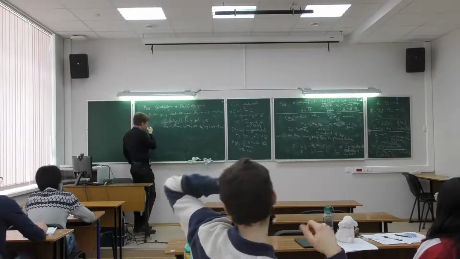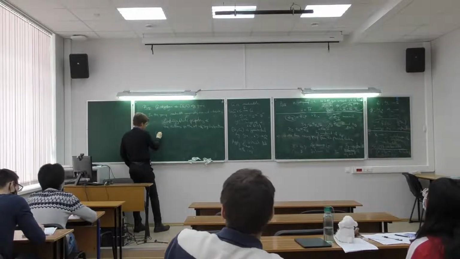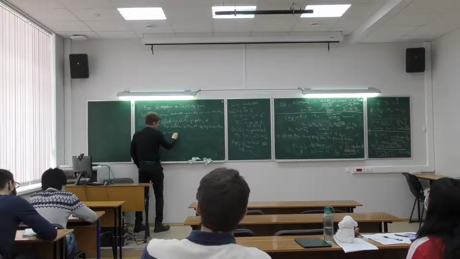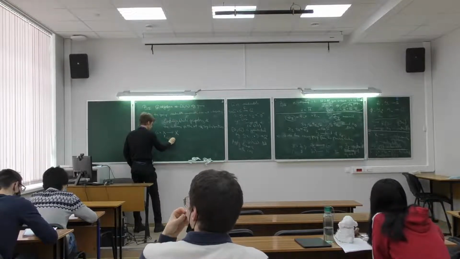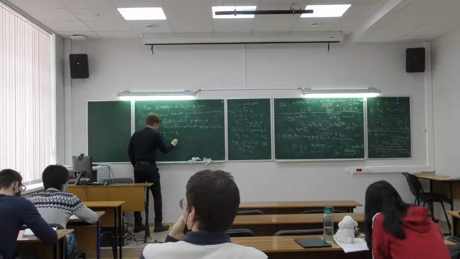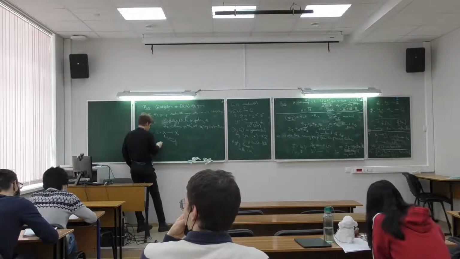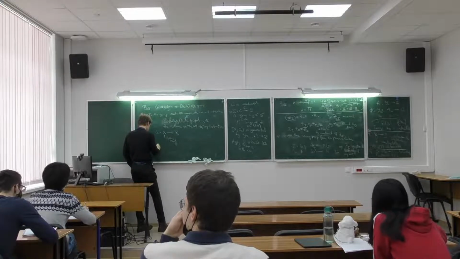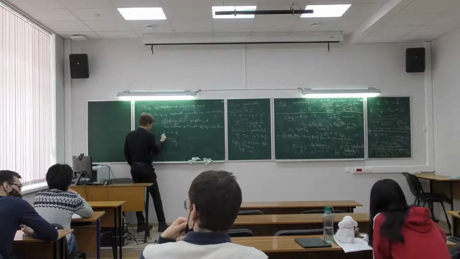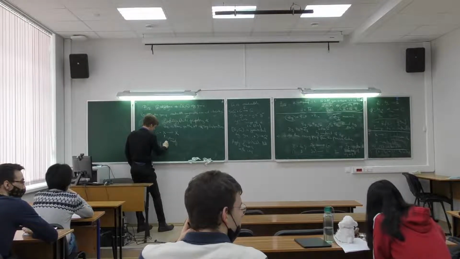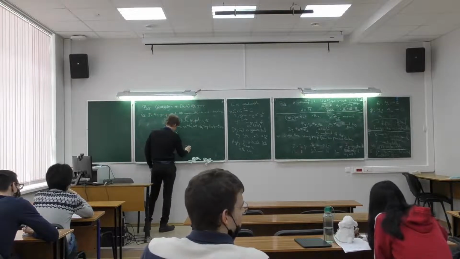So you can ask the following question. Suppose you have an algebraic action on an algebraic variety X. You have a natural map on the functions: if you have f of x, the action on the function is f of g inverse of x.